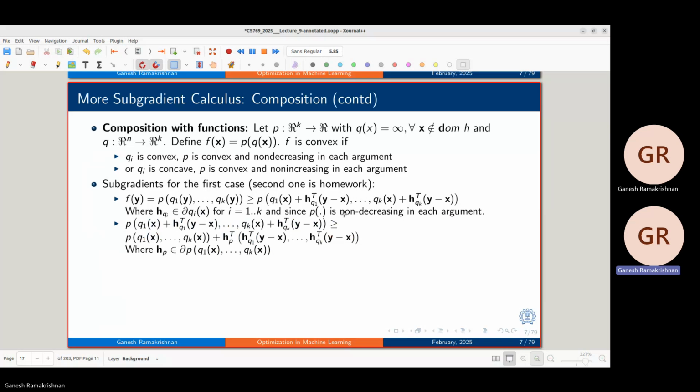And what is that new subdifferential? Tell me, what is the new subdifferential? Subdifferential cannot have Y and X both.